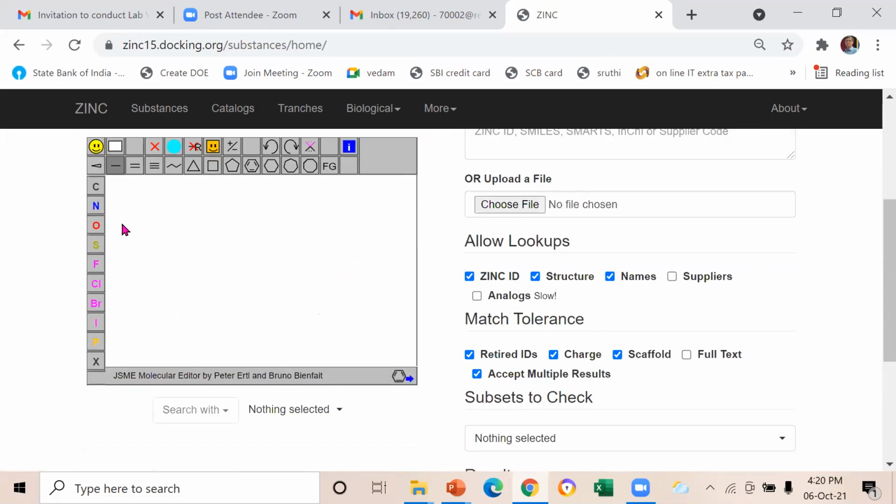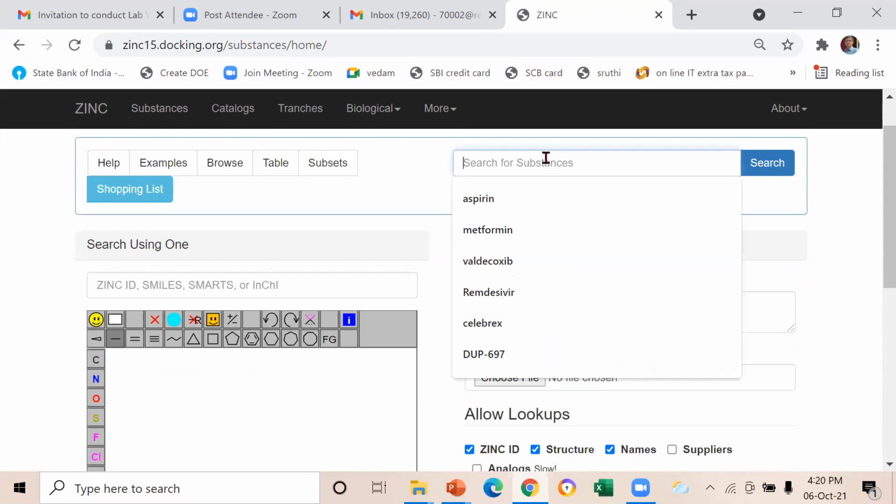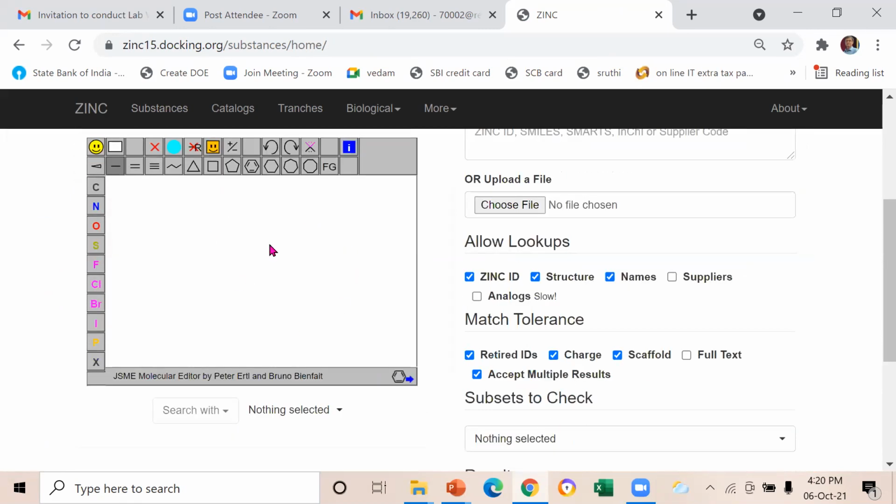Okay, so you have the drawing box here. Or we can search if you know the molecule here, or we can draw if you are a chemist and you are trying to draw new things. If it is there in the database, it will try to show. Okay.